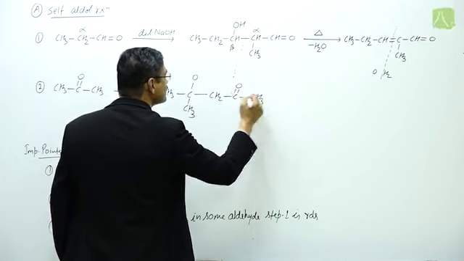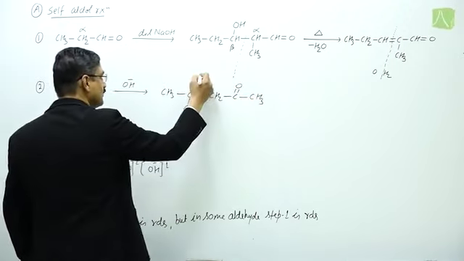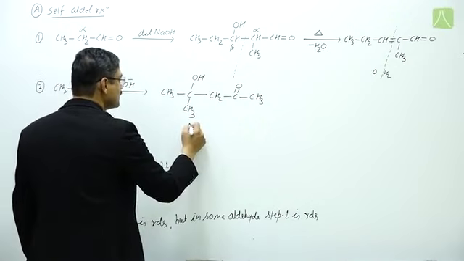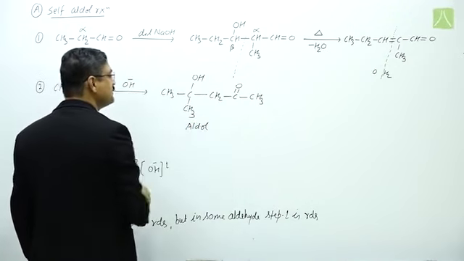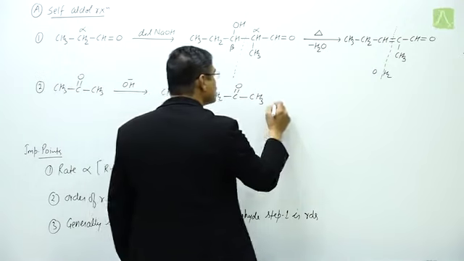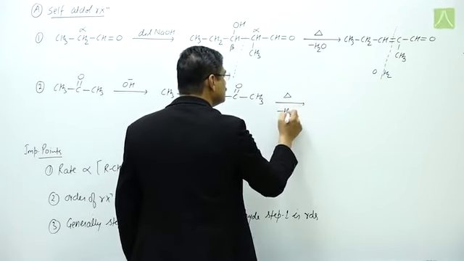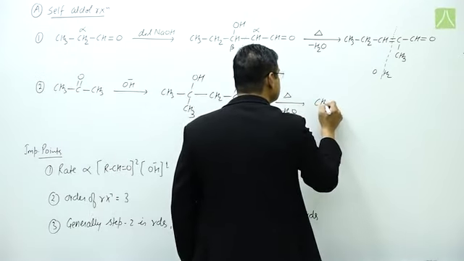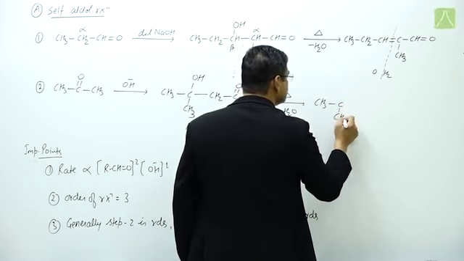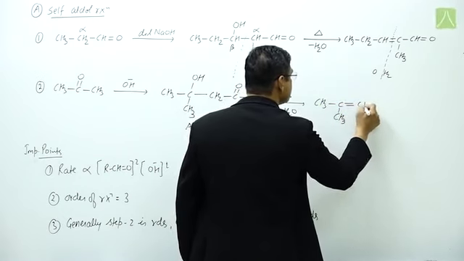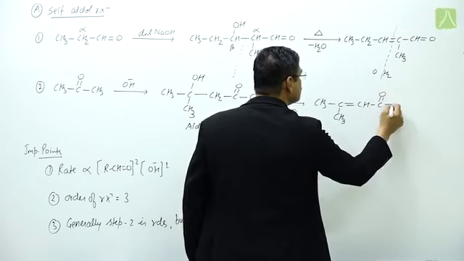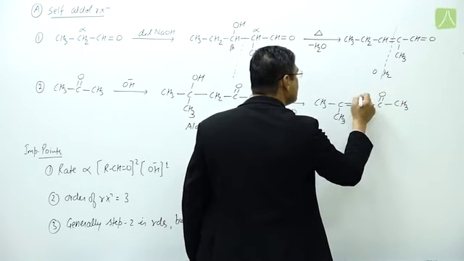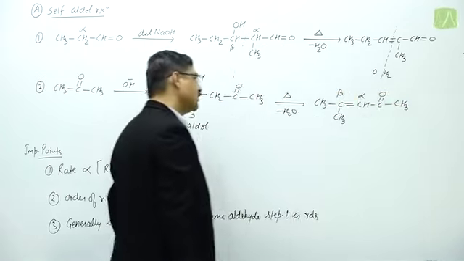So nucleophile was CH2 minus. Now add the hydrogen. So this product is known as aldol, and this is always beta hydroxy carbonyl compounds. After heating, dehydration takes place and alpha beta unsaturated carbonyl is obtained.